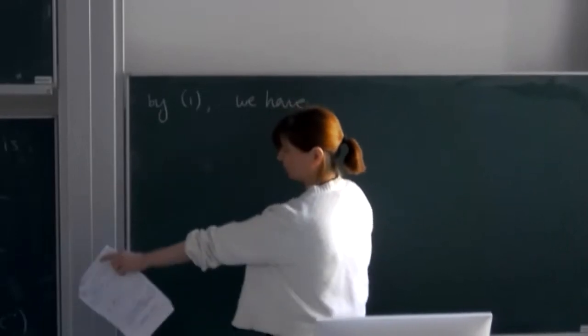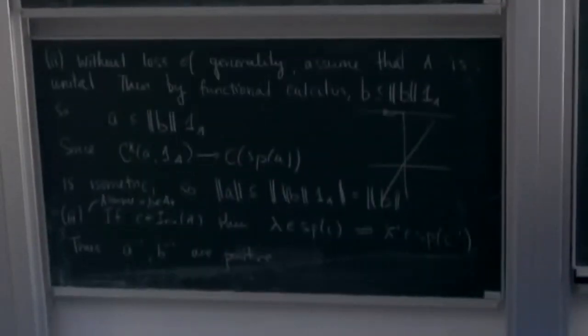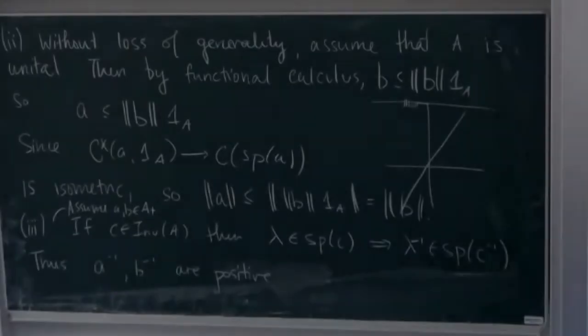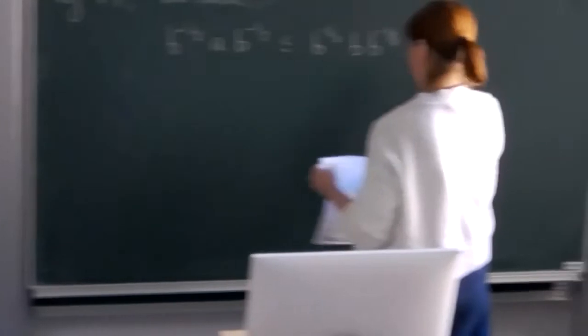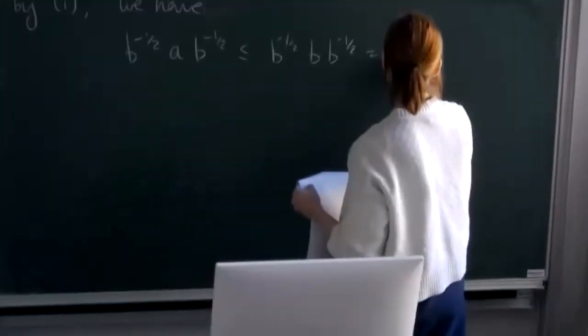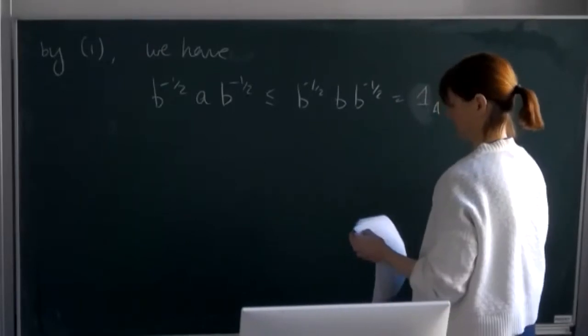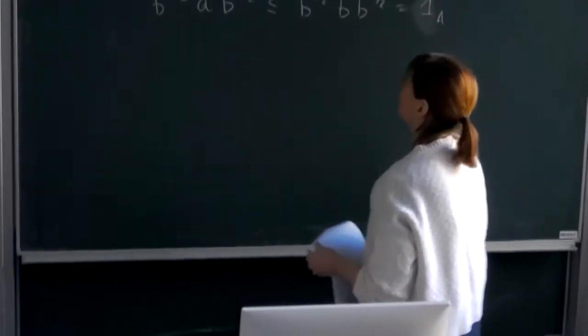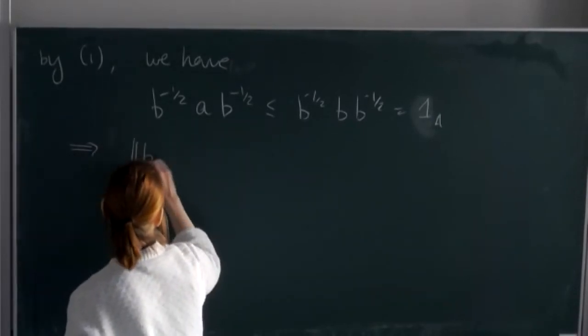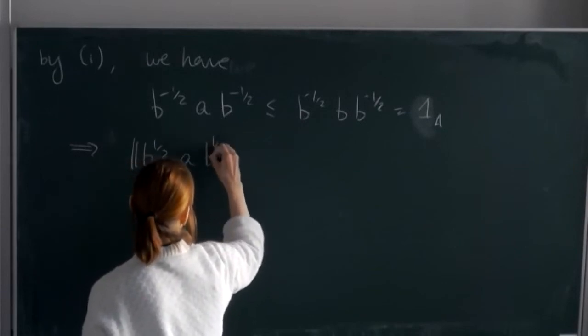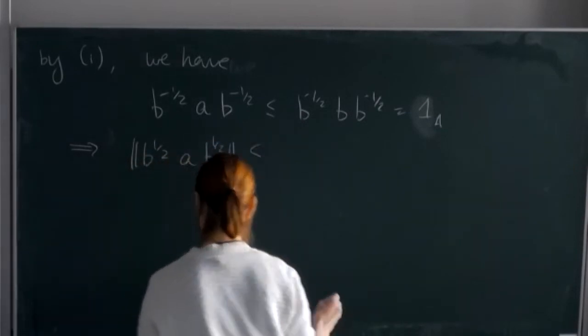So in particular, B to the minus half is a positive element, which is well defined. And we have that B to the minus half A B to the minus half is less than, which is obviously just the unit. And now we can apply 2. We see that this guy has norm at most 1.